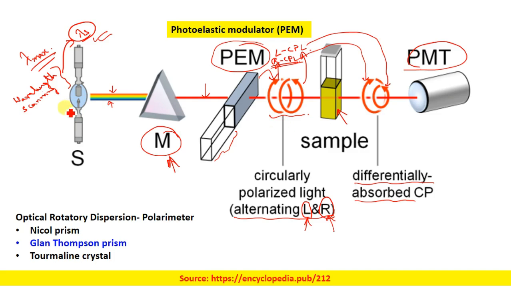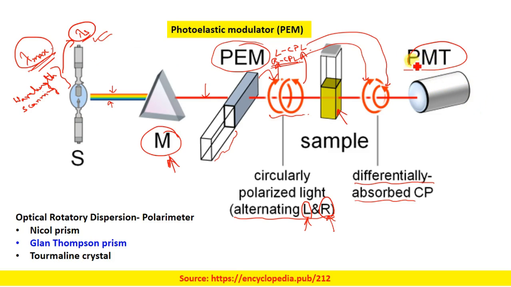In that case, the detector arrangement is totally different. Suppose we are just interested in the lambda max, which we discussed in the colorimeter. There we are just using a specific wavelength of light, so you can just use a PMT. There is no need to go for the other costly detectors.